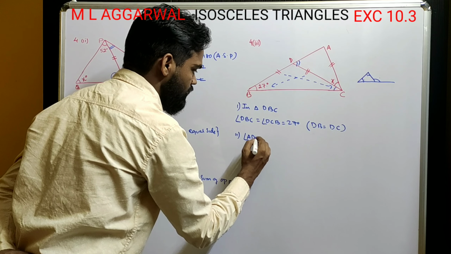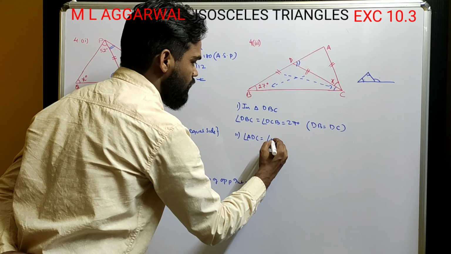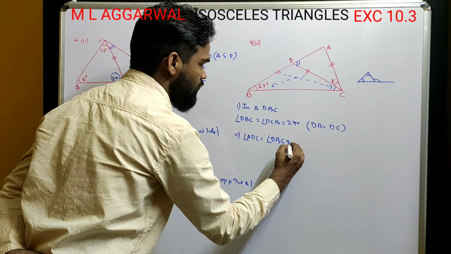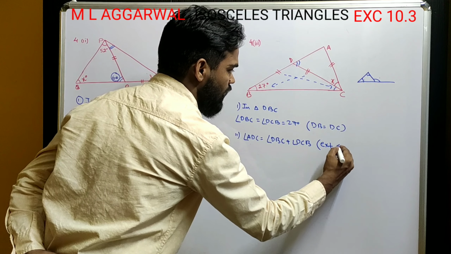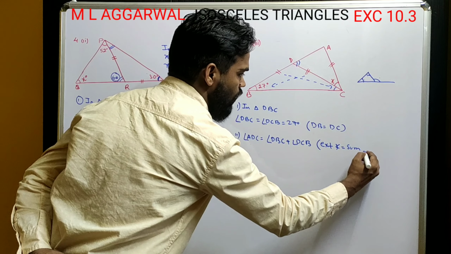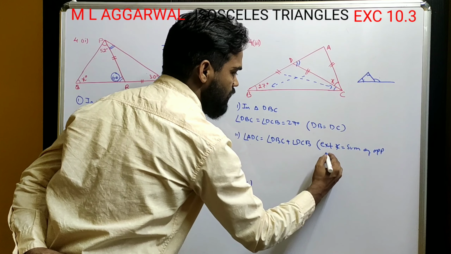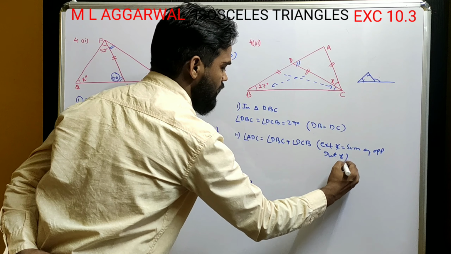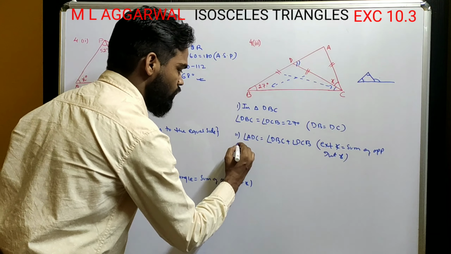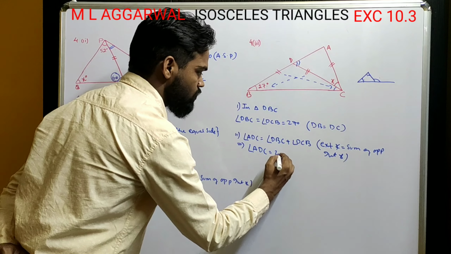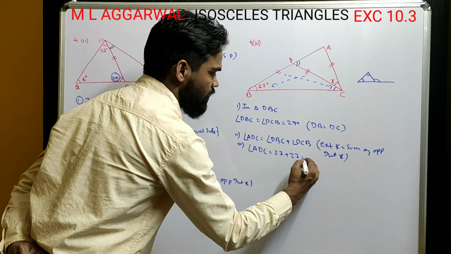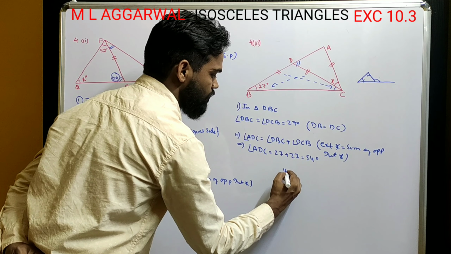Angle ADC is equal to angle DBC plus DCB. Why? Because exterior angle equals the sum of opposite interior angles. Am I clear? Which means angle ADC is how much? 27 plus 27, that's 54 degrees.